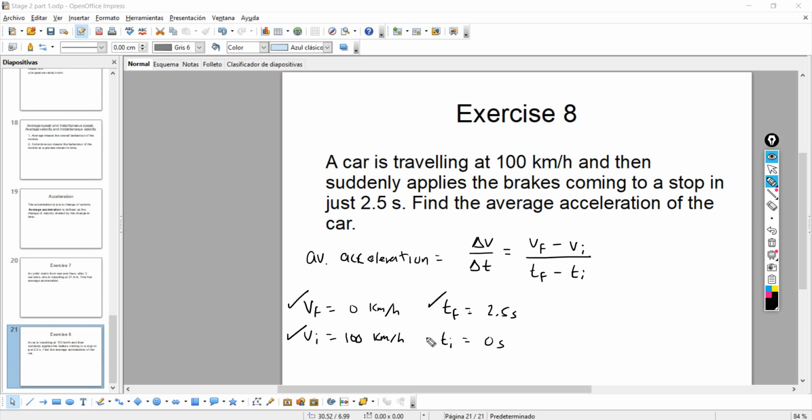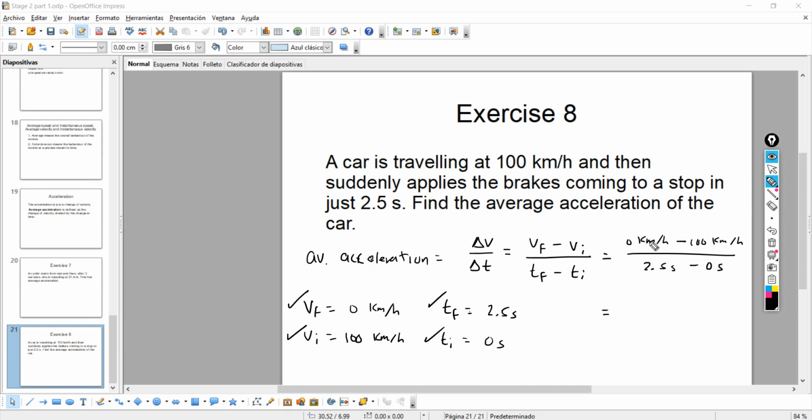And that's it, guys. We have all the ingredients to calculate the average acceleration. So final velocity, that's going to be 0 kilometers per hour minus initial velocity, which is 100 kilometers per hour, over the final time, which is 2.5 seconds, minus initial time, which is 0 seconds.